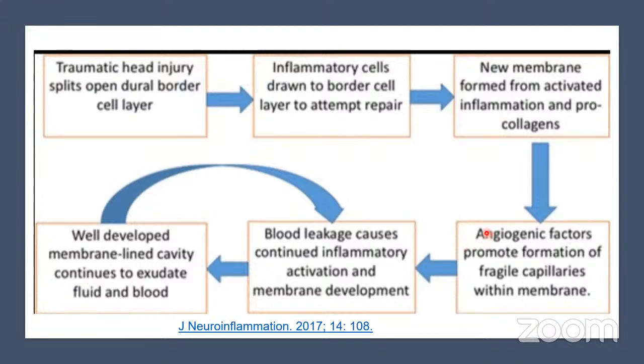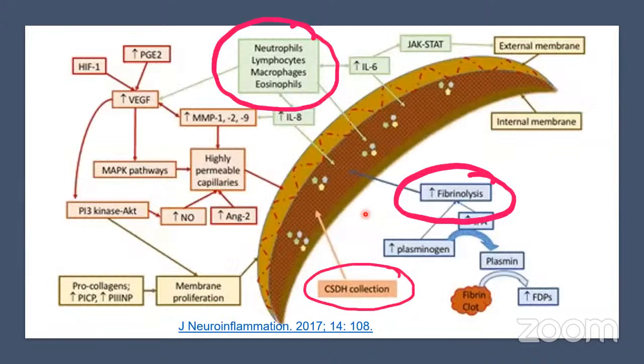Then angiogenic factors come, then blood leakage occurs, which in turn prolongs the inflammatory process. Thereby, chronic subdural hemorrhage is basically an active inflammatory process rather than a simple leakage of blood.